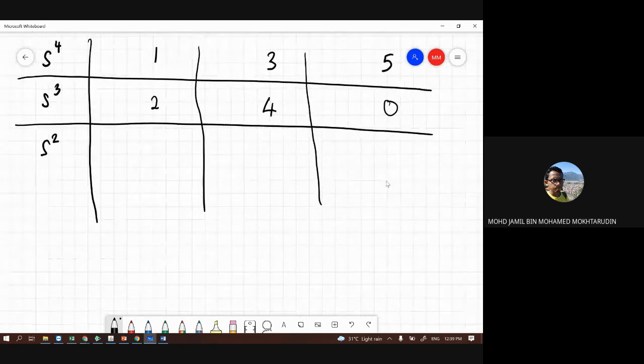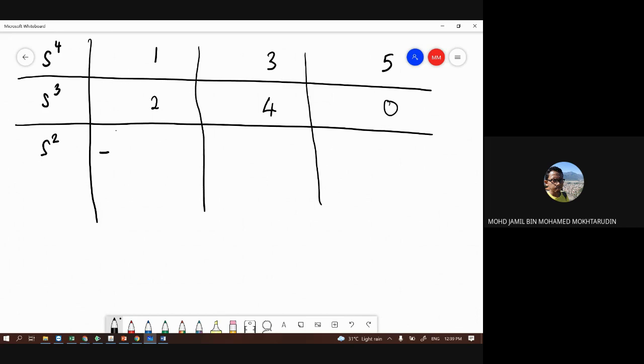Then we can find row S2 using the determinant. So negative determinant of 1, 2, 3, and 4, divided by 2. The two top rows divided by the row above.